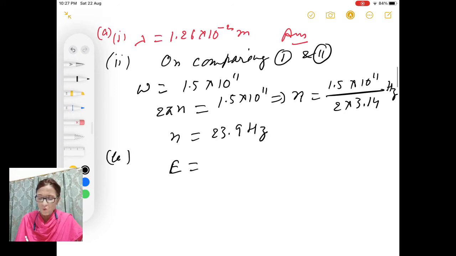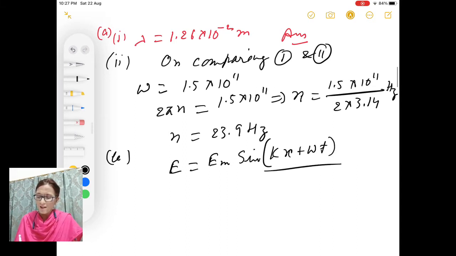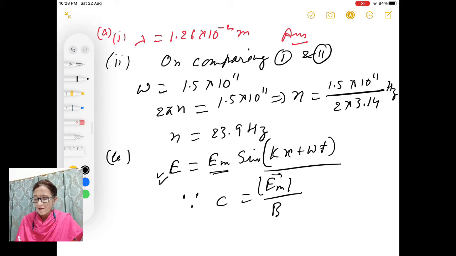E is equal to E amplitude sine kx plus omega t. All these things are given. You have to write the equation of electric field. So you will find only the electric field amplitude by the equation c is equal to Em upon Bm.